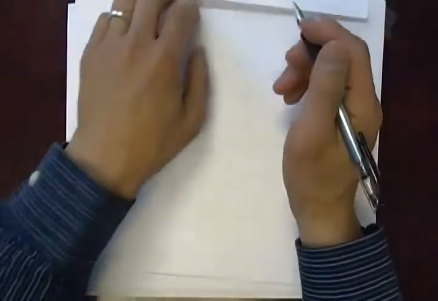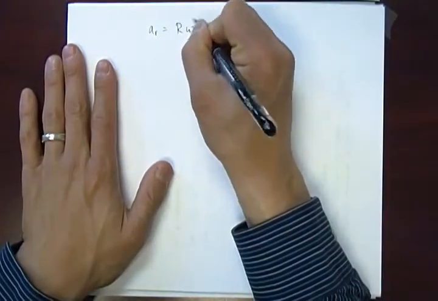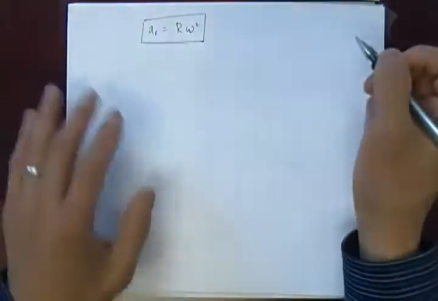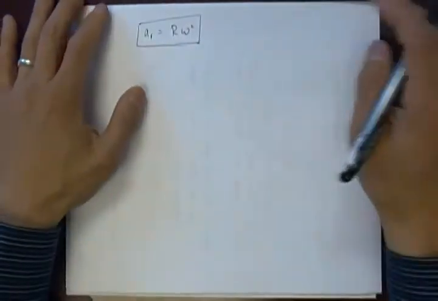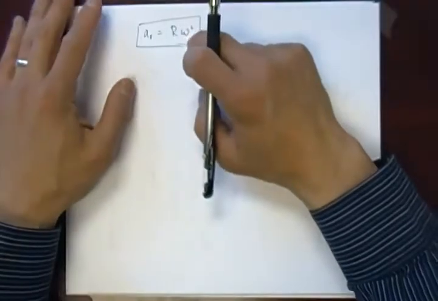So the formula is a_R is r omega squared. And again, you could have kind of guessed this formula just by remembering the v squared formula. You need probably 2 factors of omega.